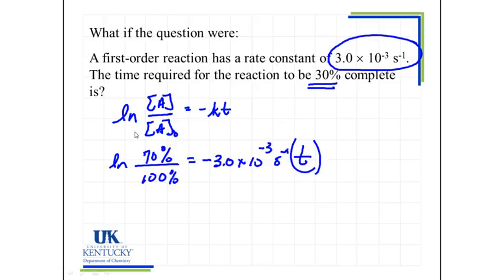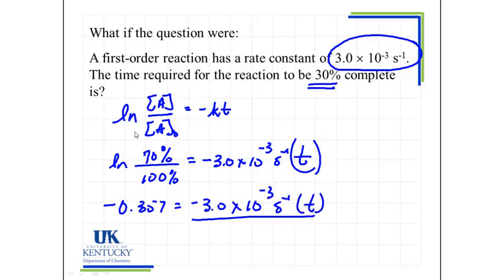So let's see here. We will obtain the natural log of 0.7, and that's a negative 0.357. We will divide both sides by negative 3.0 times 10 to the minus 3.